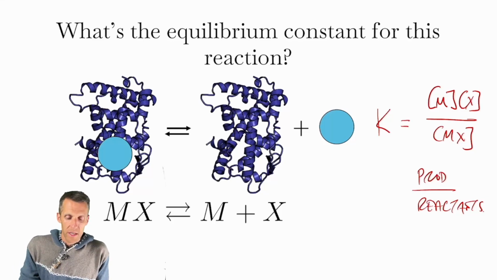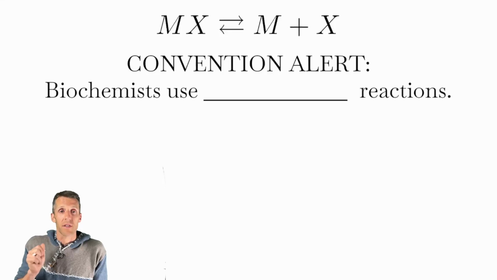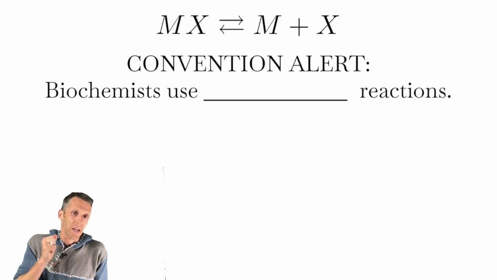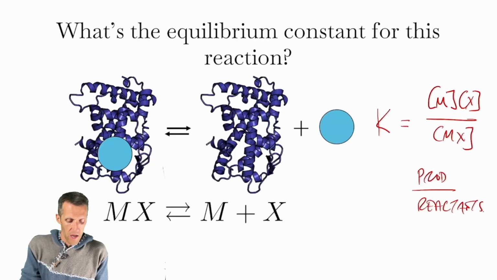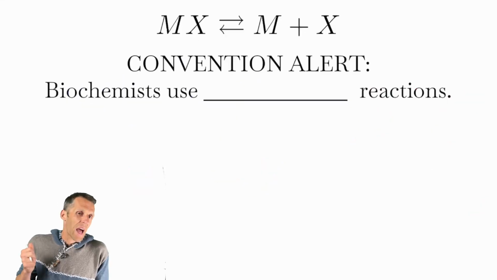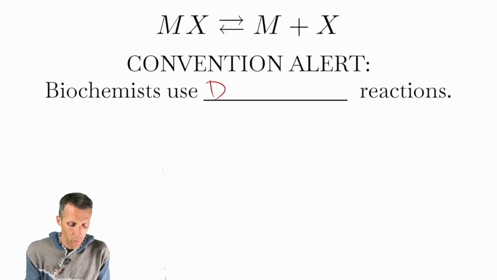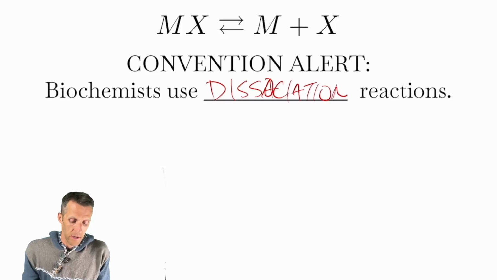Okay, the other thing we need to mention here is you might have noticed I wrote this reaction as MX going to M plus X, or going back a slide, estradiol bound to receptor going to estradiol falling off of the receptor. And this is actually a really important common convention across biochemistry: we use dissociation reactions.